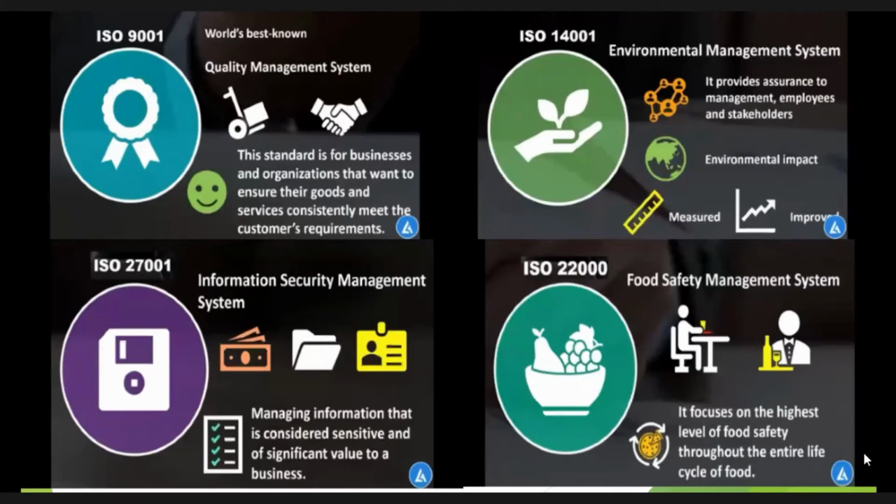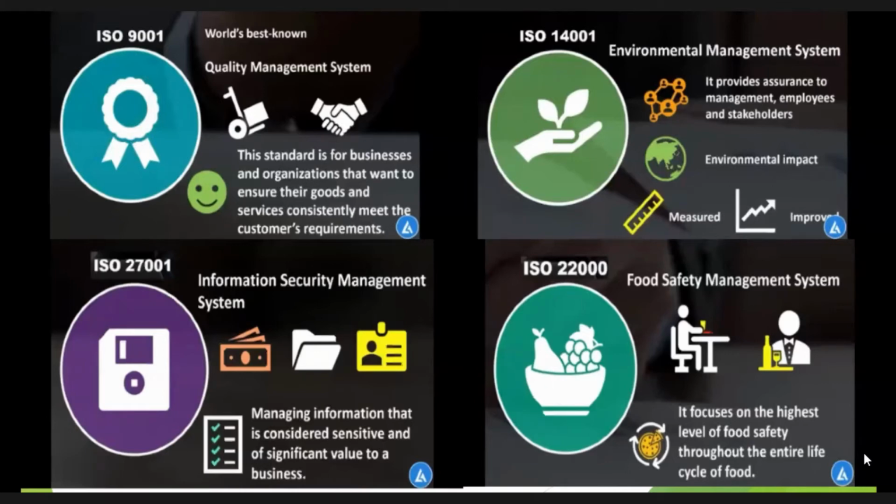ISO 27001, information security management system, for managing information that is considered sensitive and of significant value to a business. ISO 20000, food safety management system. It focuses on the highest level of food safety throughout the entire life cycle of food.